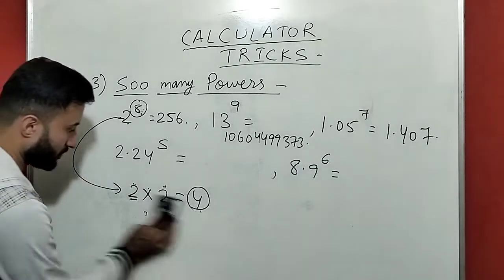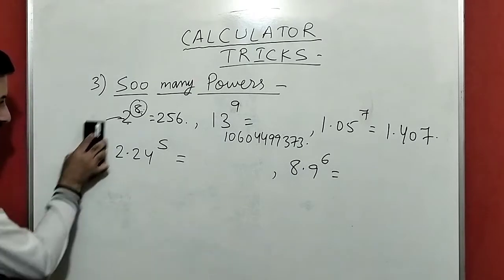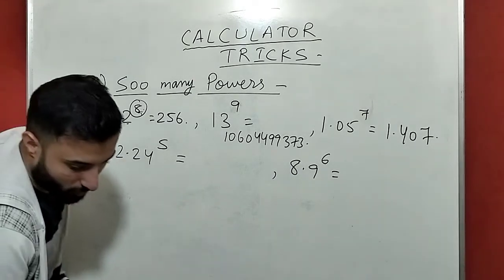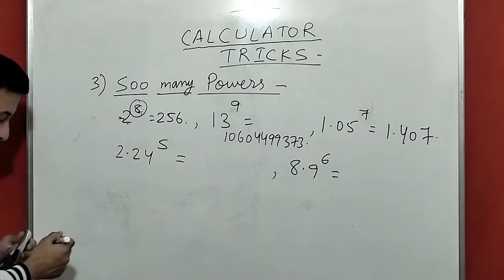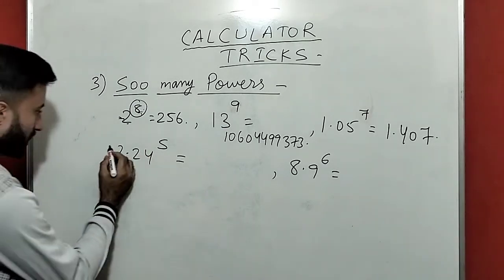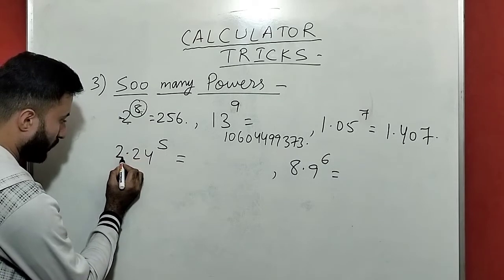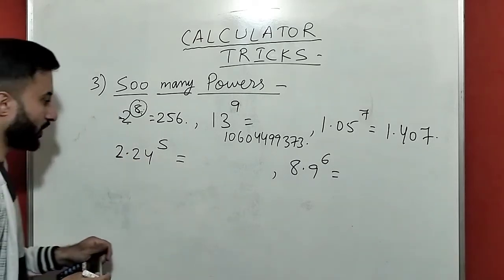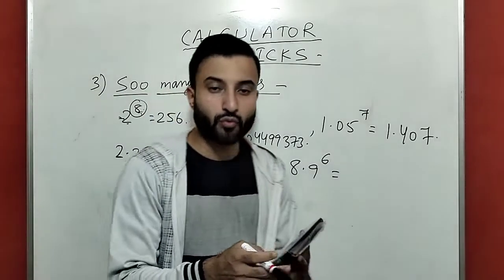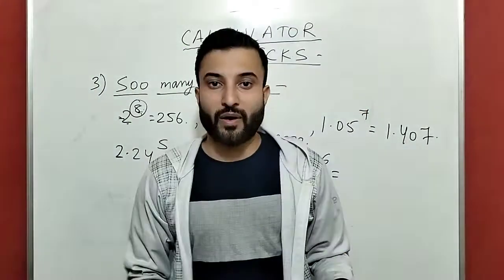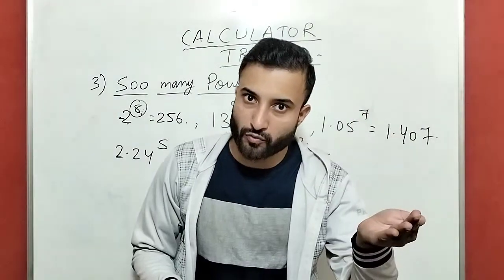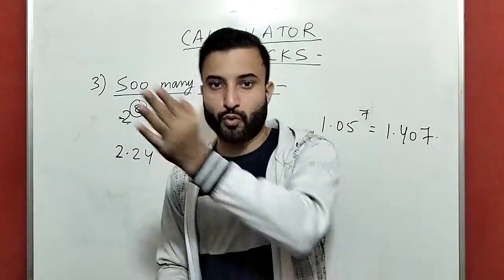So I will rub it off. Same I will do for 2.24 power 5. 2.24 to the power 5 means 5 times. So I will do 2.24 into 2.24 equals.